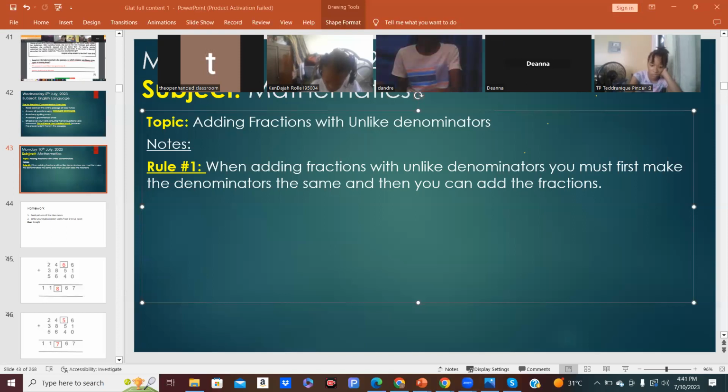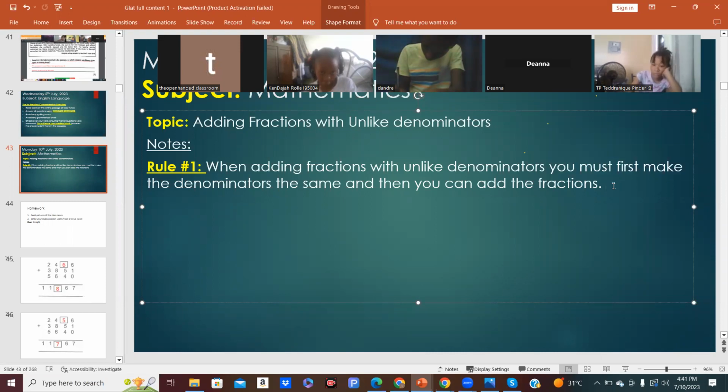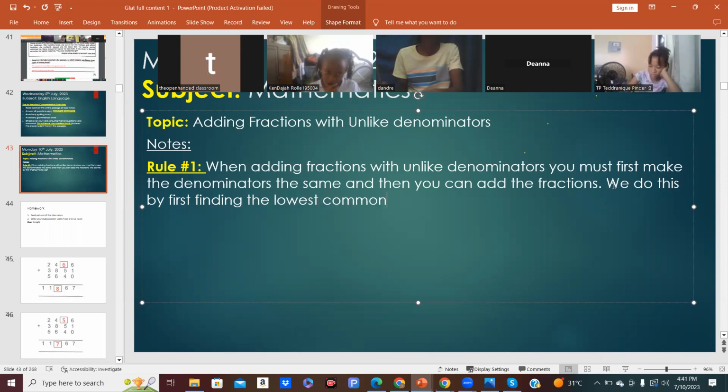So let's try with an example. So we do this by first finding the lowest common multiple of the denominators.